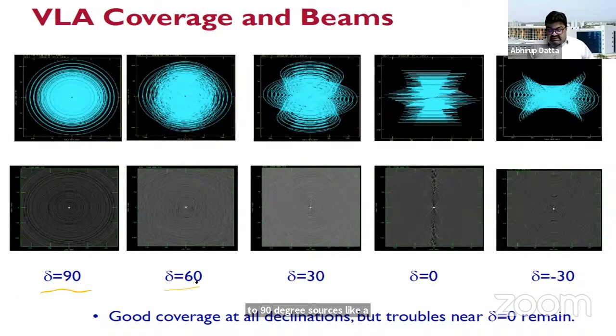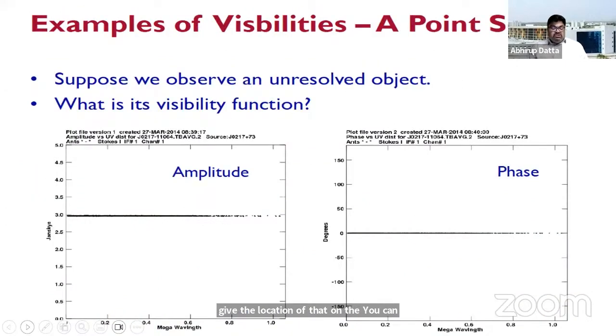If you're looking at 60, you're looking like that. If you're looking at -30, almost towards the south, you see some very weird pattern appears. This is because of the location of the array on the surface of the Earth, you can have different kinds of projection towards different parts of the sky.